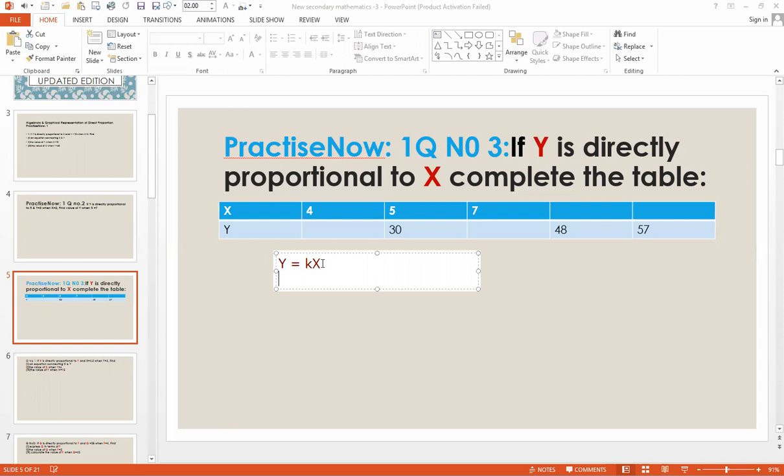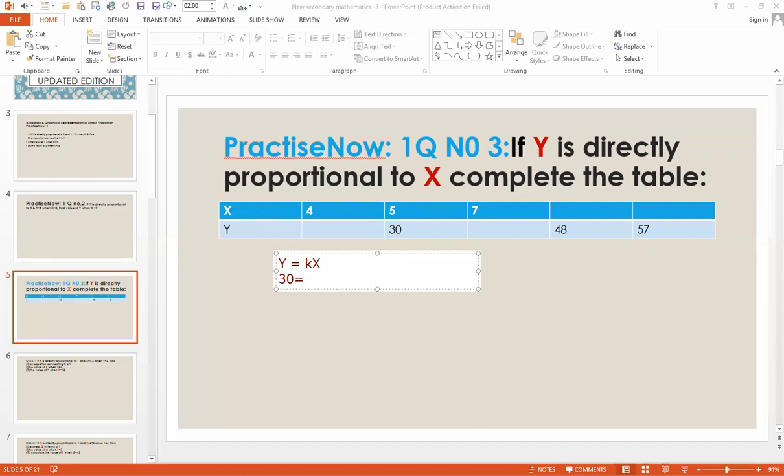So we have to choose the column from this table where both variable values are given. In column 2, x is 5 and y is 30. We have to use this. Why? Because when we have both values of x and y, then we are able to find the value for k. Clear? So what is the value of y here? 30. So you have to write it here.